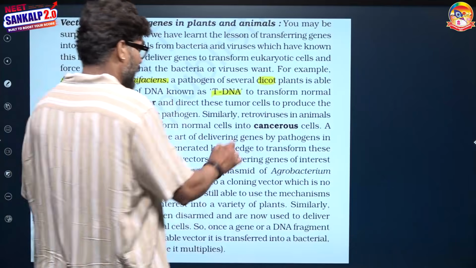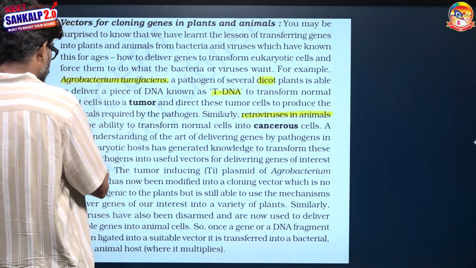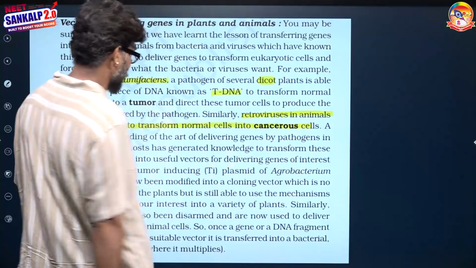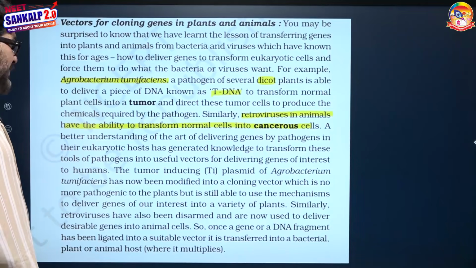Similarly, retroviruses in animals have the ability to transform normal cells into cancerous cells. A better understanding of the art of delivering genes by pathogens in their eukaryotic hosts has been generated.